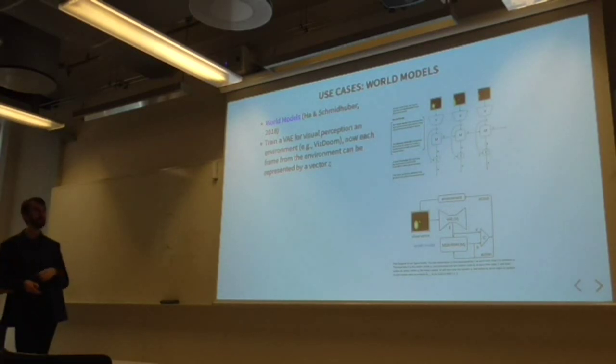They're using VizDoom, the Doom environment. Then they're using an MDN to predict the next latent vector, trying to predict into the future in this game. So you can use this MDN to help an agent learn to play this game, which is quite a cool idea, I think.